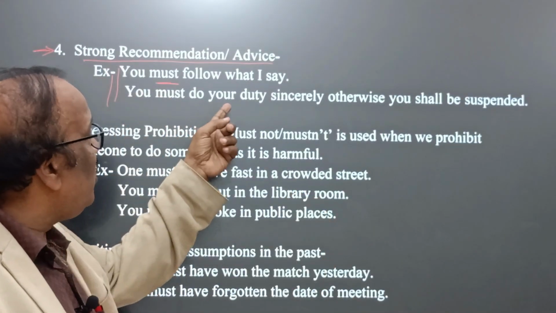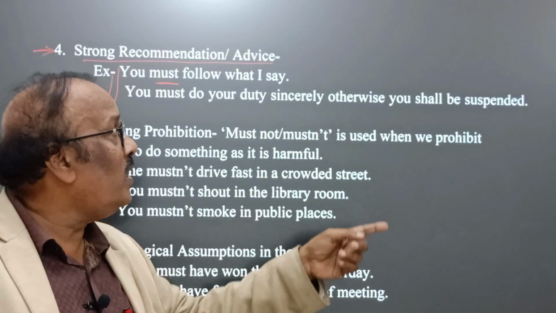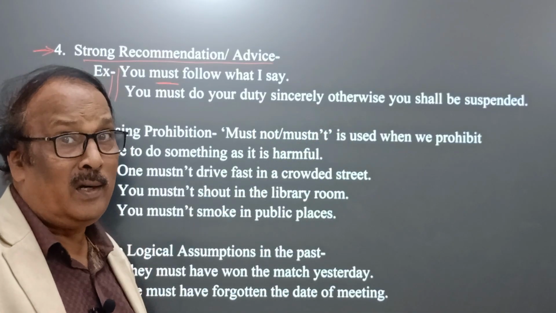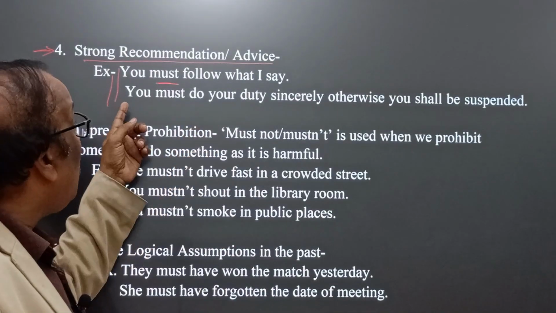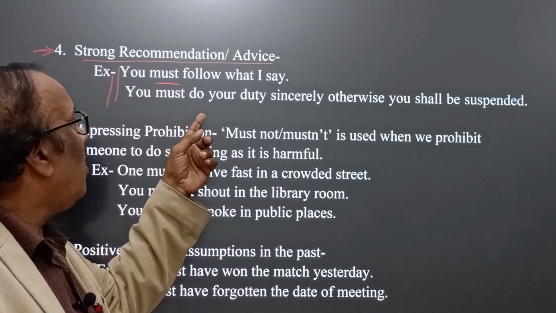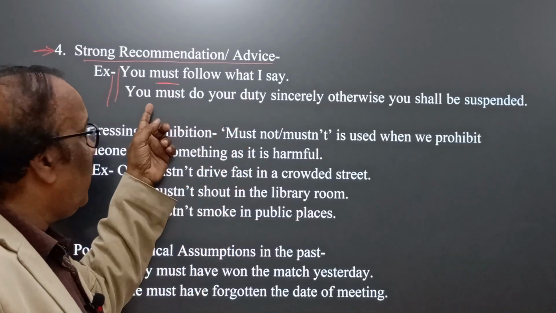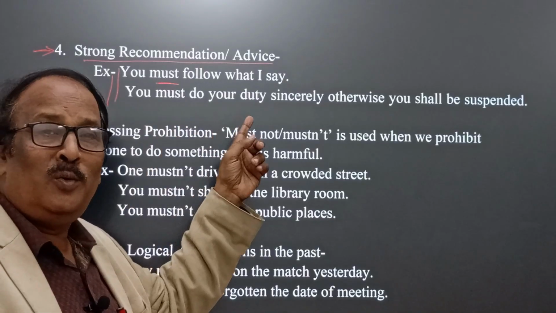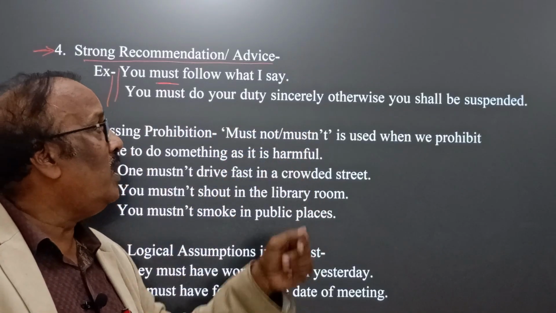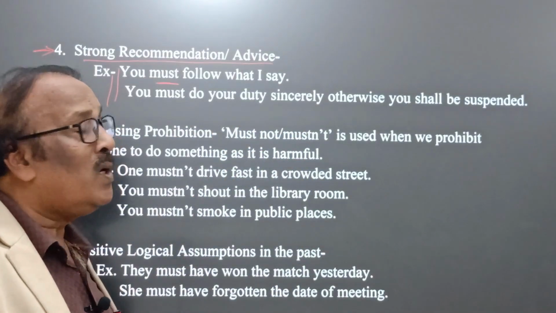Another, you must do your duty sincerely, otherwise you shall be suspended. Here the boss, I mean the owner, strongly recommends or advises the employee that he must do duty sincerely, otherwise he shall be suspended.